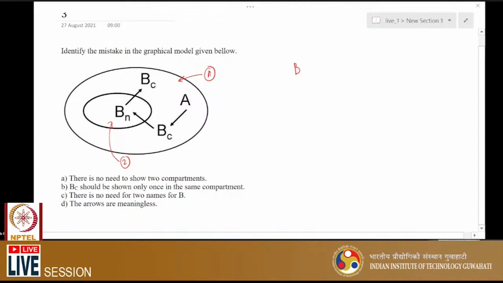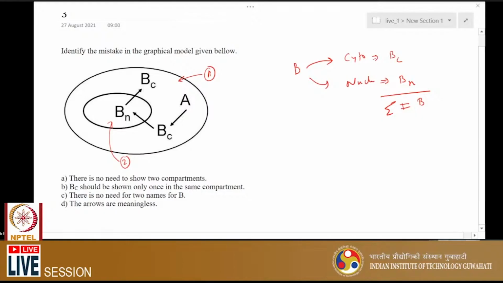It's the same molecule B, but when it is in the cytoplasm I have marked it as BC, so that I can keep track of how many B are in the cytoplasm and how many are in my nucleus. I have marked this as a new variable, Bn.